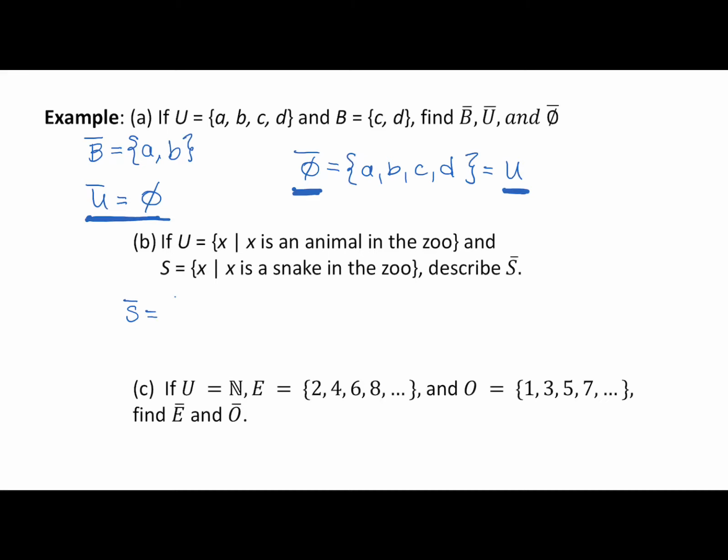So S complement is going to be the set of all X such that X has to live in U and not in S. What does that mean? It means that X is an animal in the zoo, that's what it means to live in U, but it can't be a snake, and is not a snake.